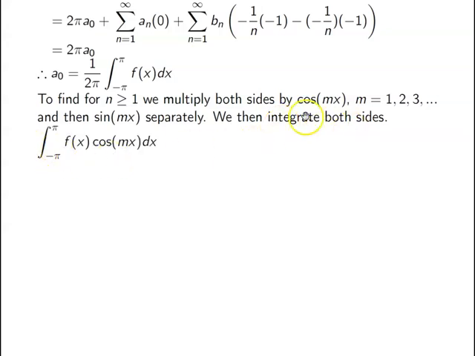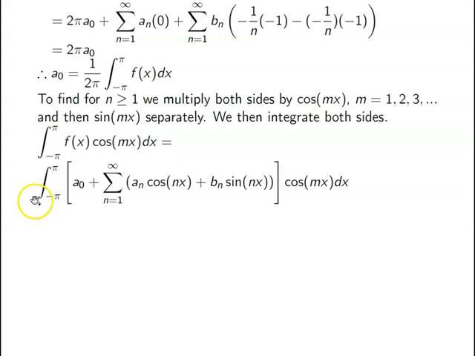Okay. So here, first and foremost, multiply both sides by cosine mx. So this function gets multiplied by cosine, and then we take the integral. a naught and the sum is going to get multiplied by cosine m of x, and we're going to take the integral. So obviously we're interested in the right-hand side more so than the left-hand side.